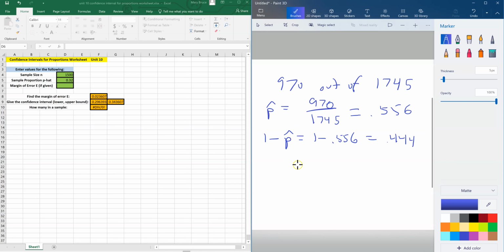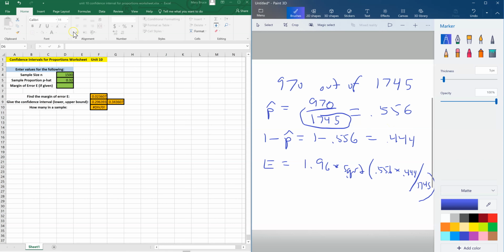And then I would be ready to calculate my margin of error by hand. And of course, that's going to be 1.96 times the square root of the p-hat, which was 0.556, times the 0.444. And you would have to realize that the sample size was the bottom number. 970 out of 1745 means you had a sample size of 1745.